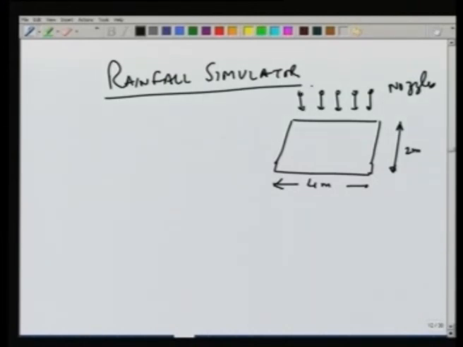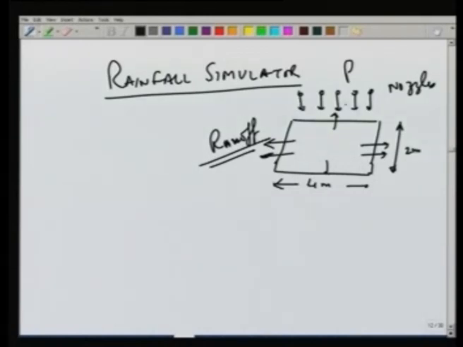So, as we saw in the evaporation experiment also, we can do a similar setup with some plants here and measure the evapotranspiration, but here our interest is measuring the runoff. So, from this plot there will be some runoff, and there will be some precipitation, which of course is known to us.